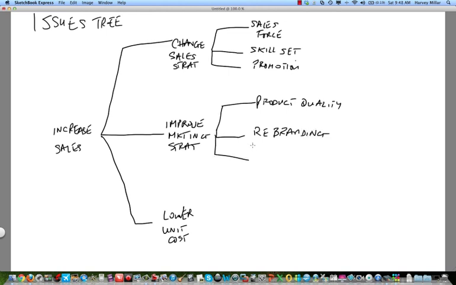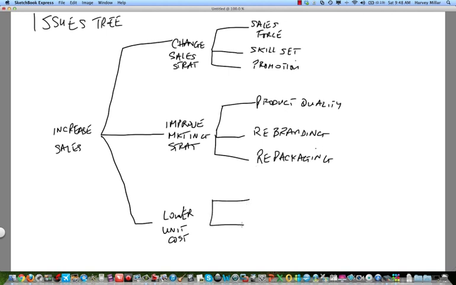Or we could consider a new advertising strategy, which is part of the rebranding exercise. But we could also look at something like repackaging.